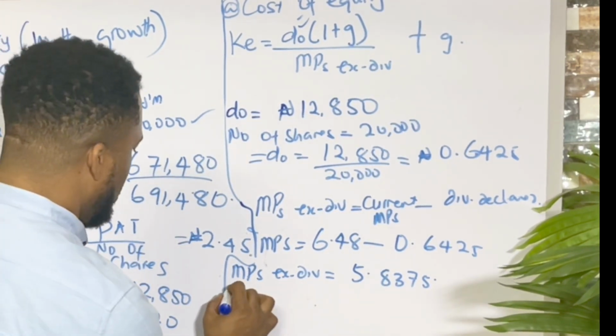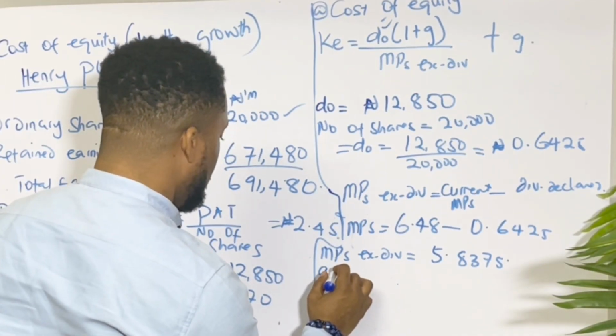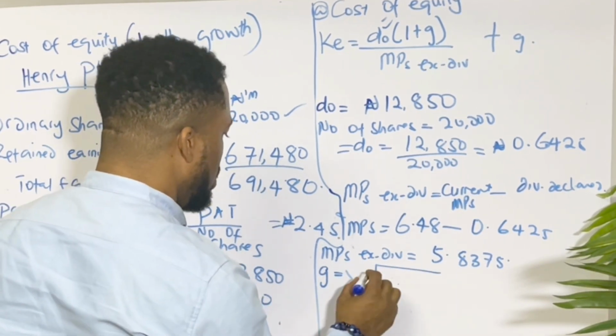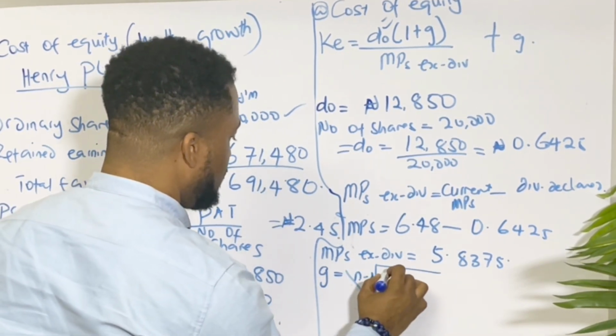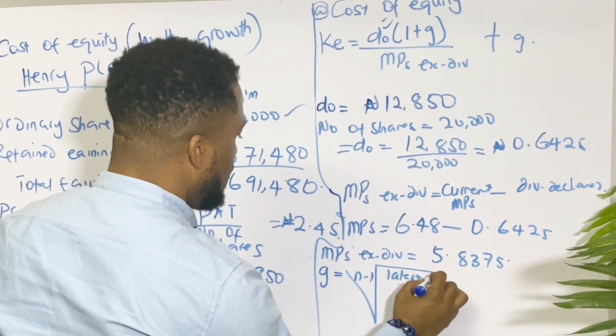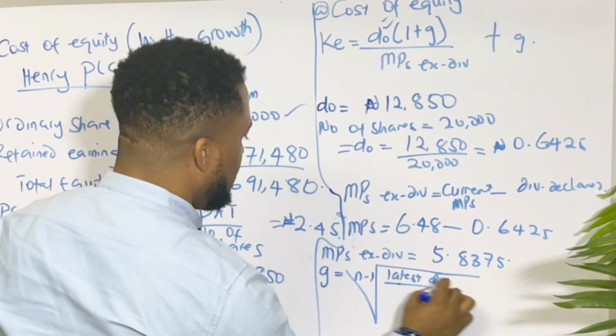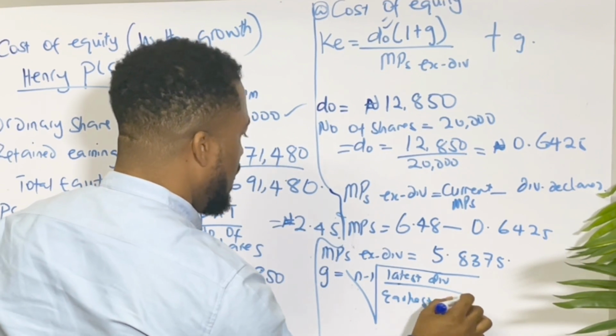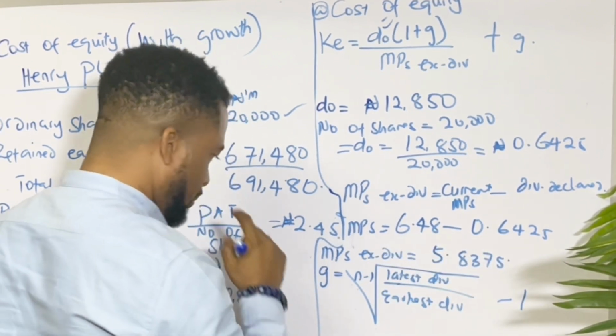The next thing I need to do now is to calculate my growth, using the historical method. According to the historical method, our growth is the nth root of the latest dividend divided by the earliest dividend, minus 1.